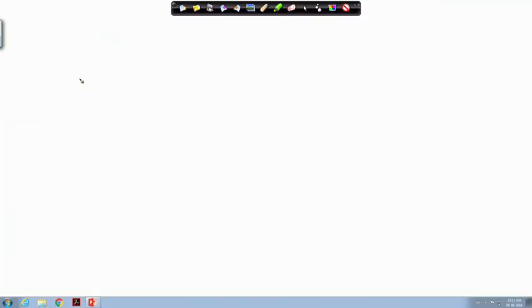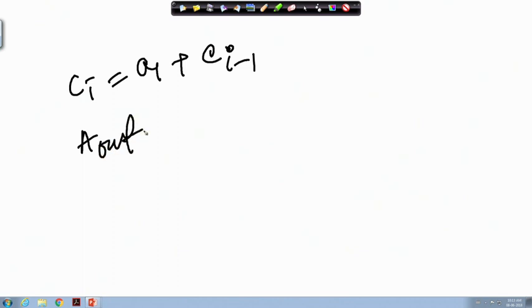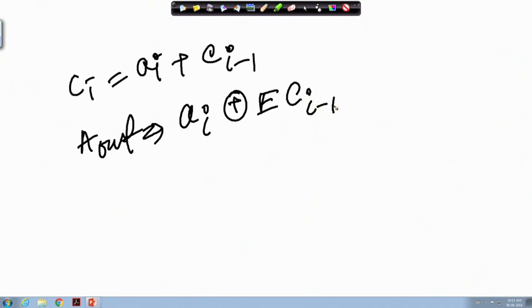What were the equations? If I write the equations like this: C I is A I plus C I minus 1, and A out is A I XOR with E C I minus 1.